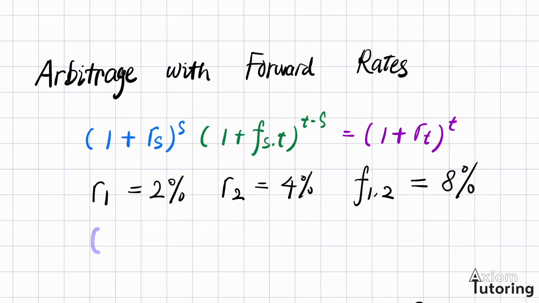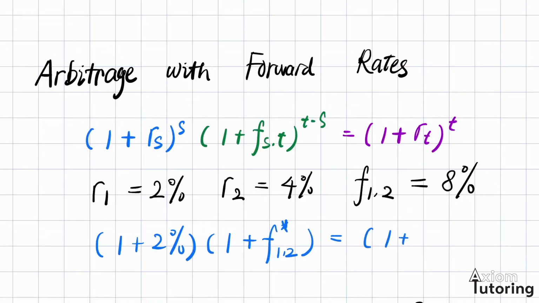The first step would be 1 plus 2%, the 1 year spot rate, multiplied by 1 plus F star, the forward rate from year 1 to year 2, to the power of 1. That should equal 1 plus 4% to the power of 2. Again, try not to forget this.